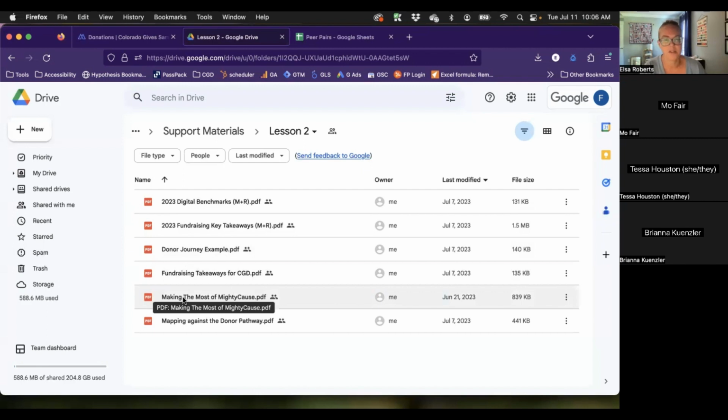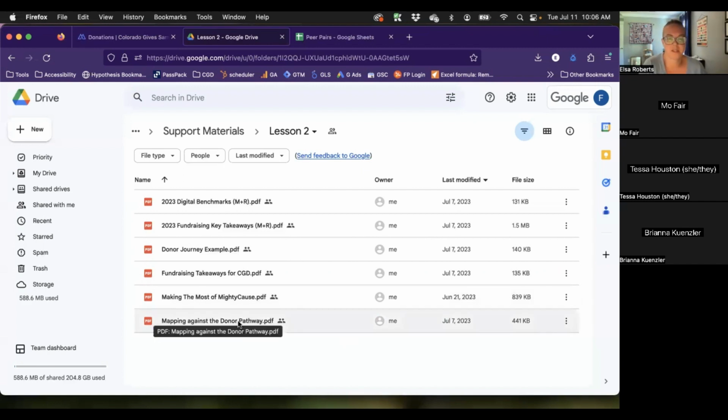Making the most of MightyCause is a resource that goes into some of the tools available within MightyCause so that you can maximize that platform. And then mapping against the donor pathway, which we'll get into more in class today, provides a lot more information around the metrics and KPIs worth considering at each of the pathway points, and that will map onto your strategic plan.